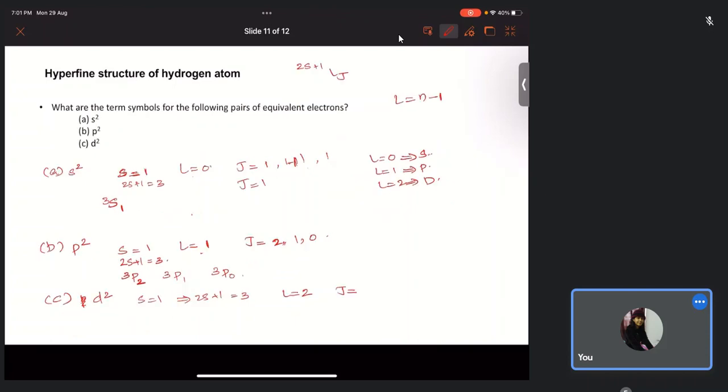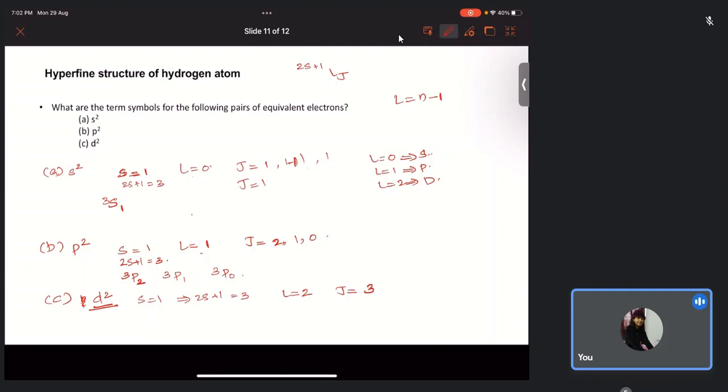When the electronic configuration is d2, the S value is equal to 1, so 2S plus 1 is going to be 3. D is equal to 2, L is equal to 2. So J value can be L plus S, which is 3.